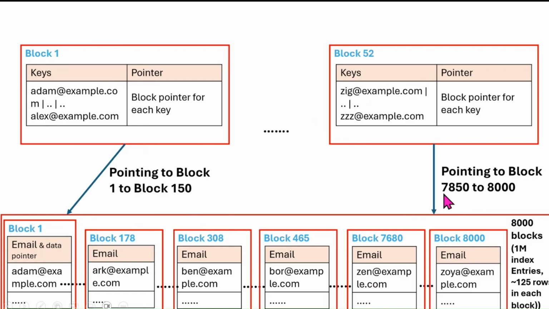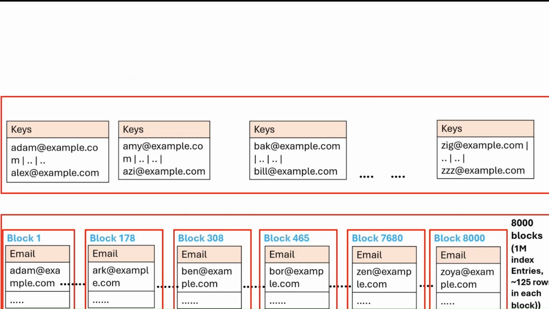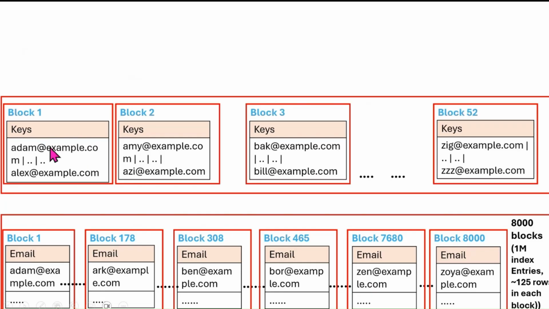Similarly for the last block, 7,850 to 8,000. But to represent it in a better way, let's say we have these 52 blocks: block 1, 2, 3, dot, dot, dot, block 52. So we created this index table on top of this index.